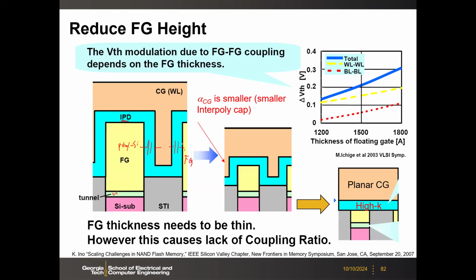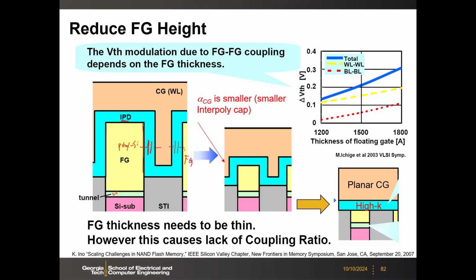So here, you want to reduce this coupling. Then what you can do, of course, is to reduce the cell height, right? Because this capacitance is proportional to the overlapping area.